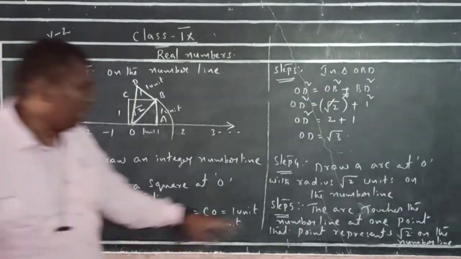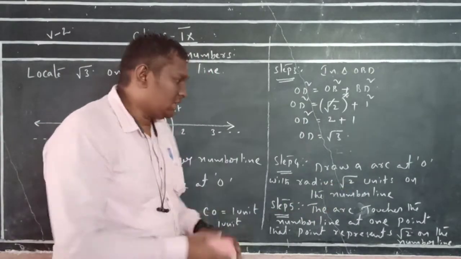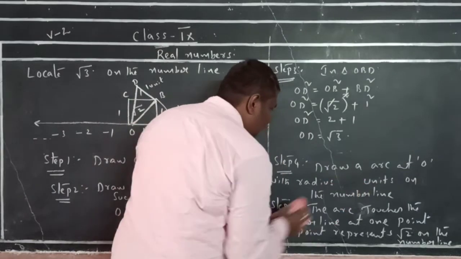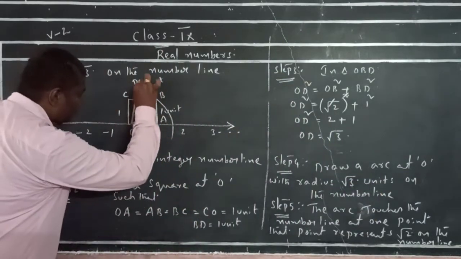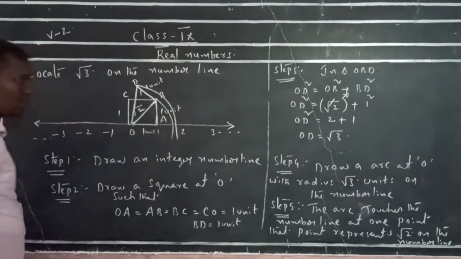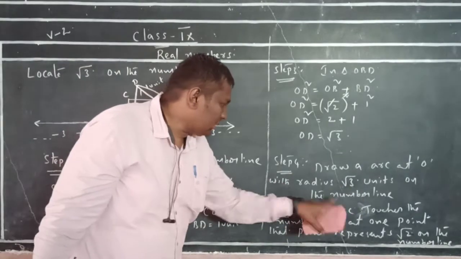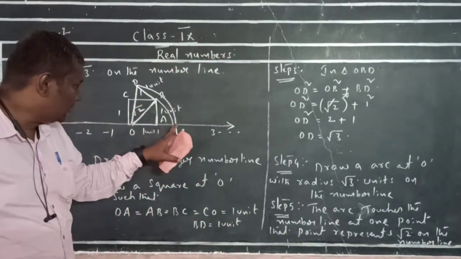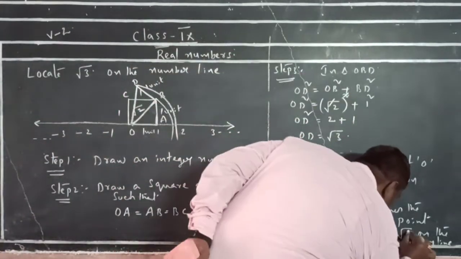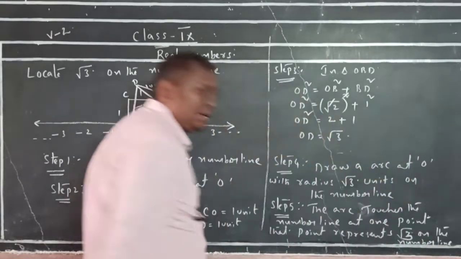Here draw an arc with radius root 3 units. The arc touches the number line at the point that represents root 3 on the number line.